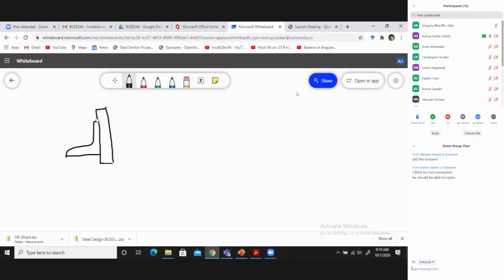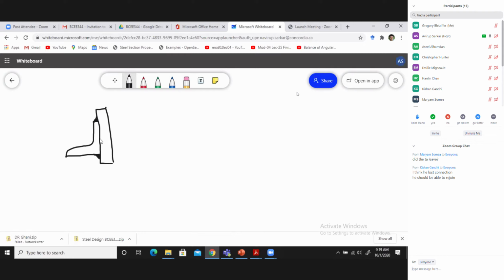We weld it here and we weld it here. Okay, so this is how we weld it. This is from the front elevation.